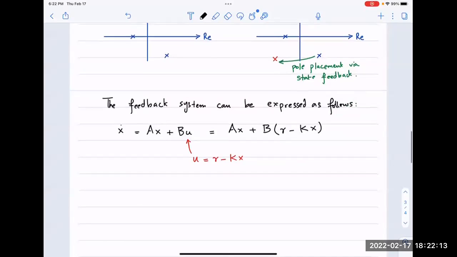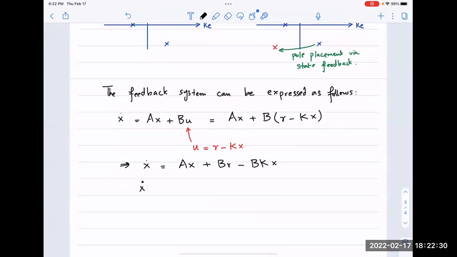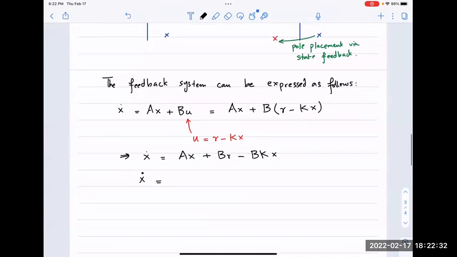In other words, x dot is Ax plus Br minus BKx, which can further be written as x dot is (A minus BK)x plus Br.